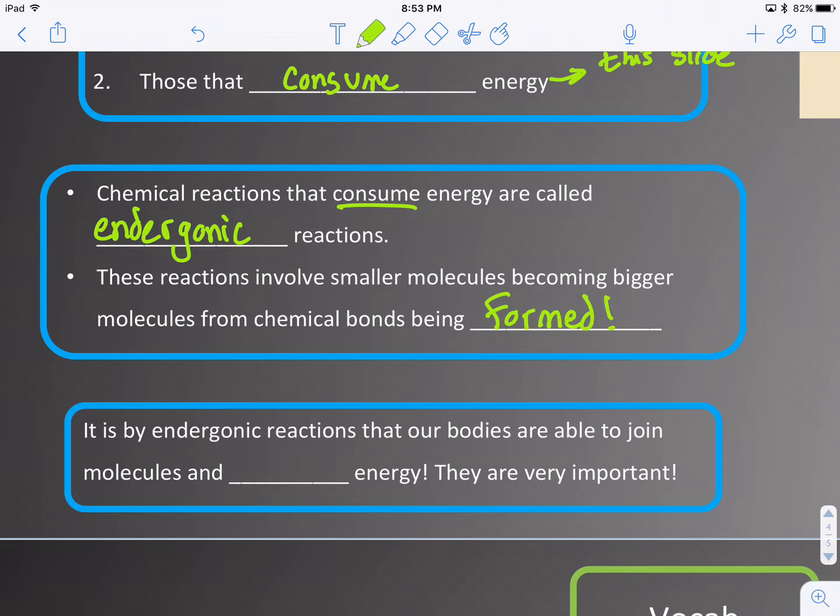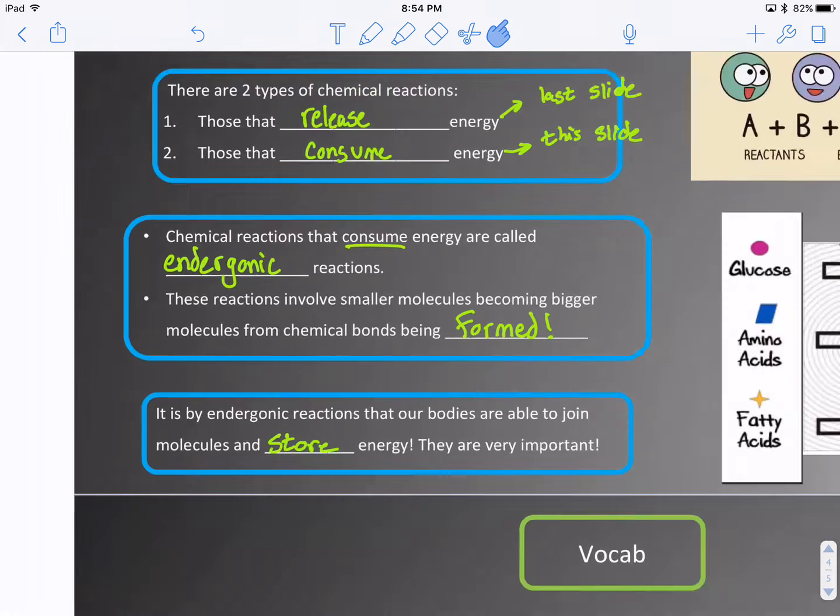And so this is how our body stores energy. When we have broken down the glucose, or we've broken down the meat into amino acids, what can happen is that these amino acids, these glucose molecules can join together again and allow us to store energy. And we need to store energy sometimes.